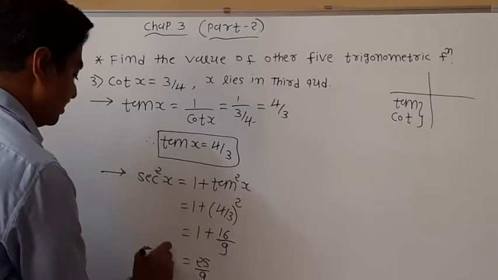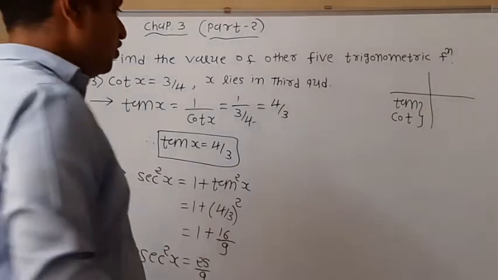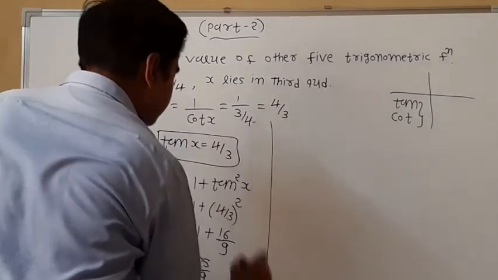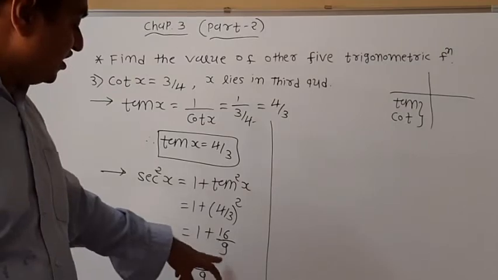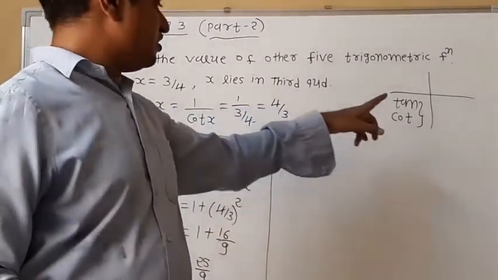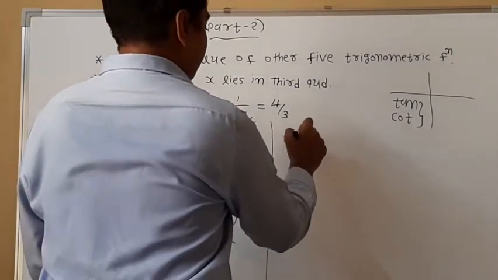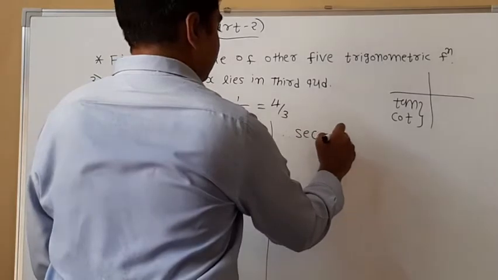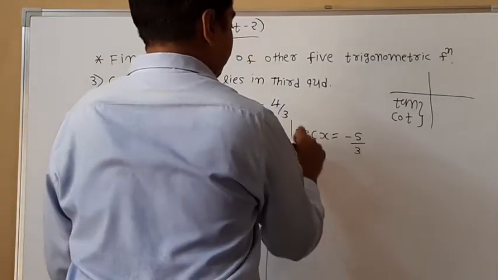So sec square x is equal to 25 upon 9. Removing the square, we get positive and negative values, but in the third quadrant sec is negative. That's why sec x is equal to minus 5 upon 3.